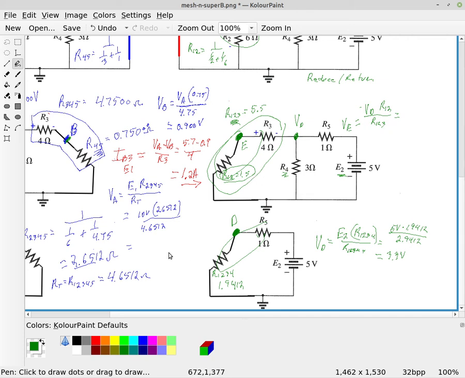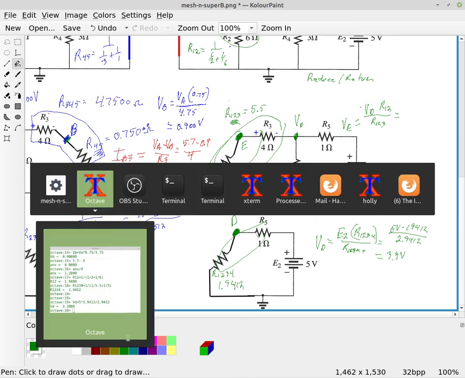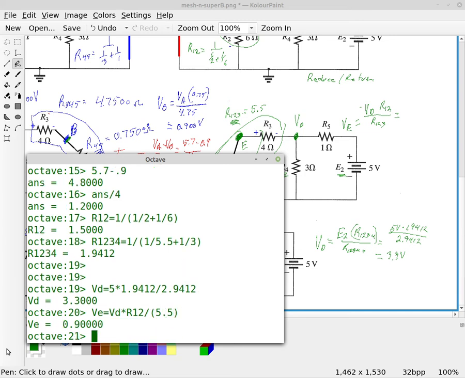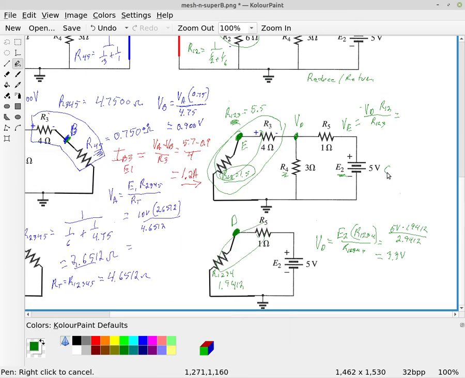And so that voltage, VE, is equal to the voltage at D times R12 divided by R123, which was 5.5. And that gives us 0.9. So that voltage is 0.9 volts.